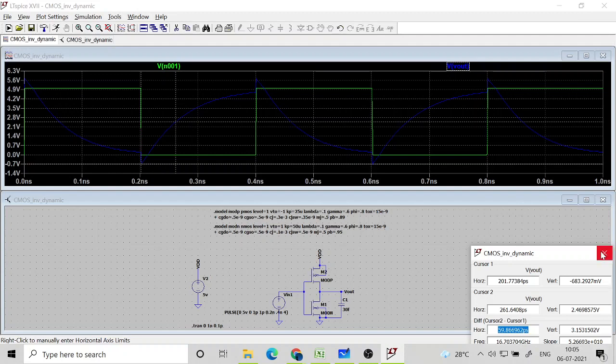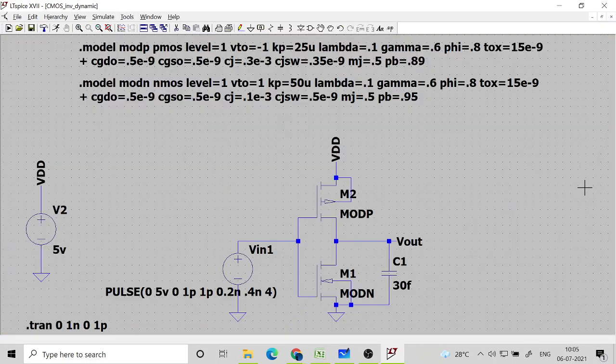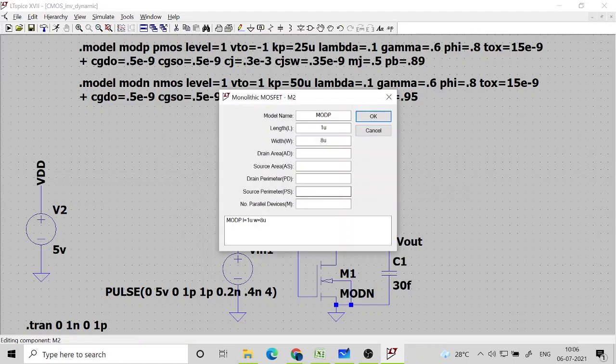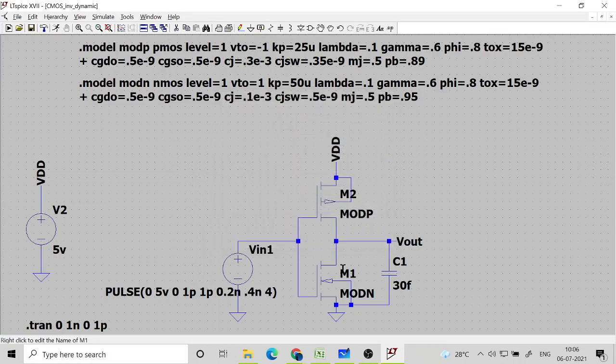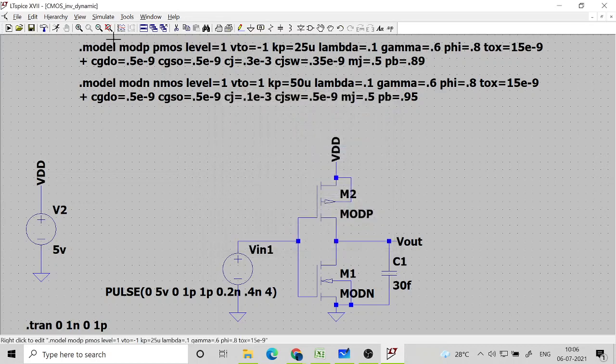Now 58 and 59, keep that in mind. Let me again make this 8, and this one I will keep at 4. 58 and 59 is what we had.